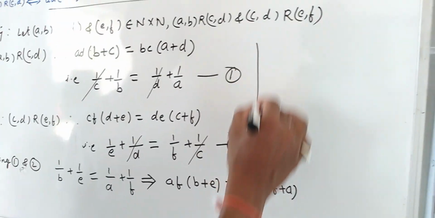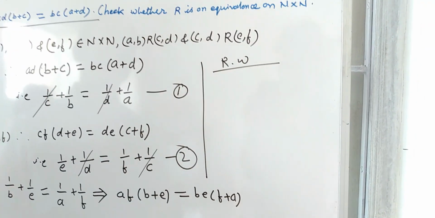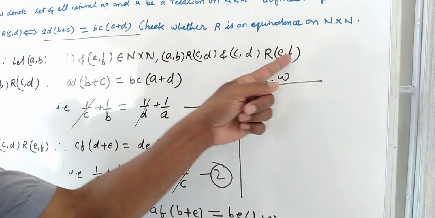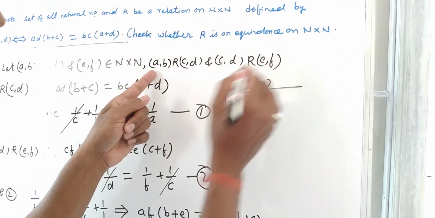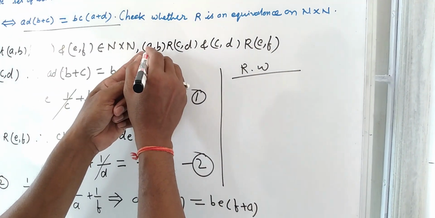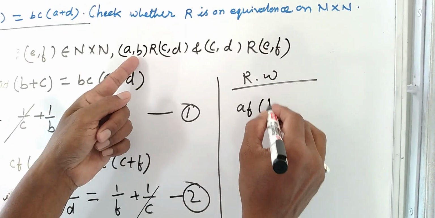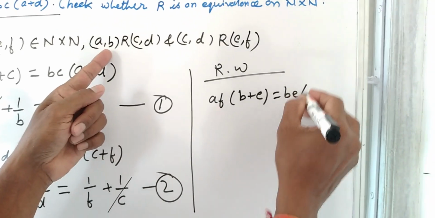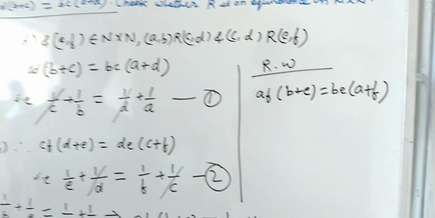This we wanted to prove, because if you try to understand in rough work, we have to prove the first element must be related to the third element. So af(b + e) = be(a + f). This we have to prove.